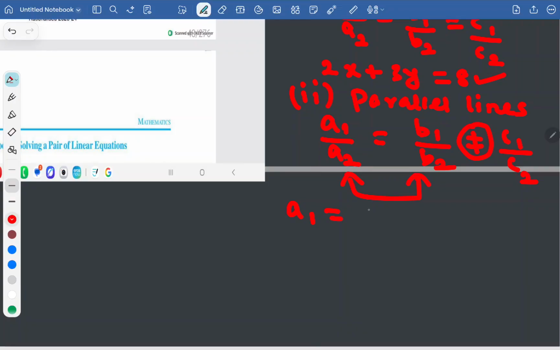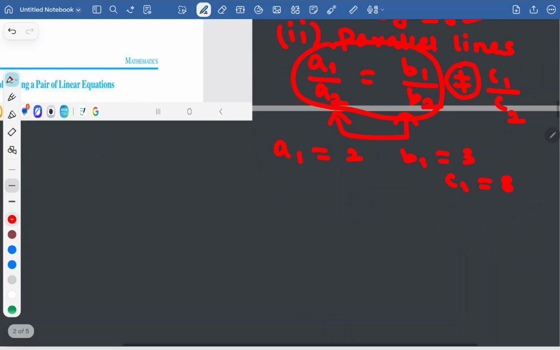Here A1 is 2, B1 is 3, C1 is 8. If these two must be equal, A1 by A2 must be equal to 2 by, let me take it as some 4, which is equivalent to 1 by 2.